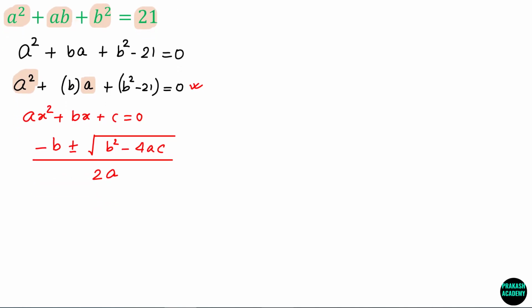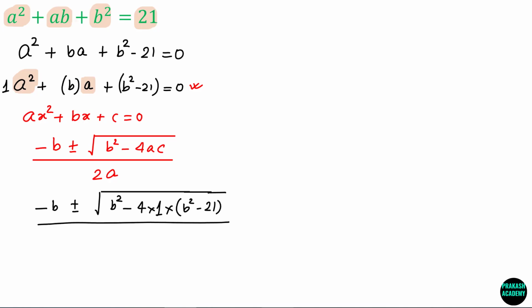In this case, the coefficient of a is b. So the root becomes minus b plus minus the square root of b square minus 4, and in this case a is 1, 4ac, and in this case c is b square minus 21, and this is divided by 2 times 1. So this is the solution.